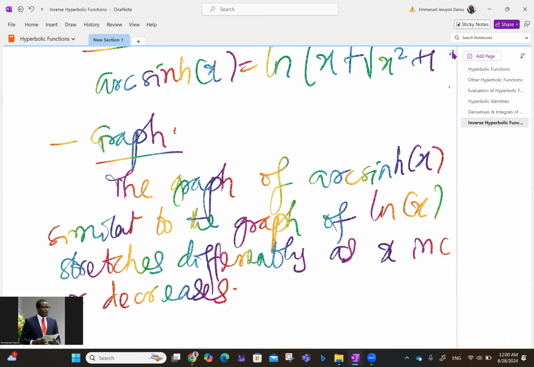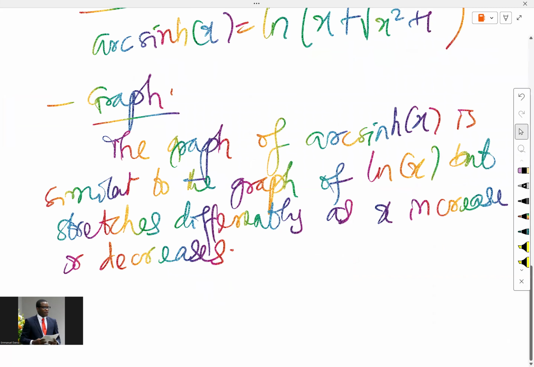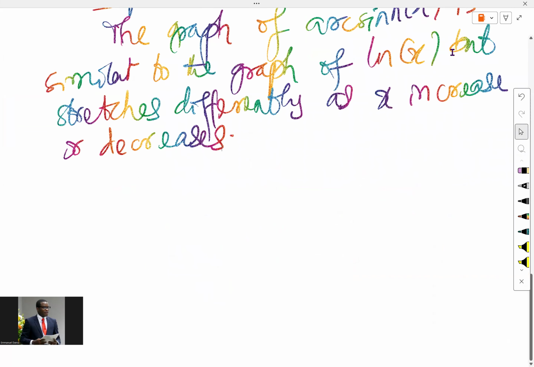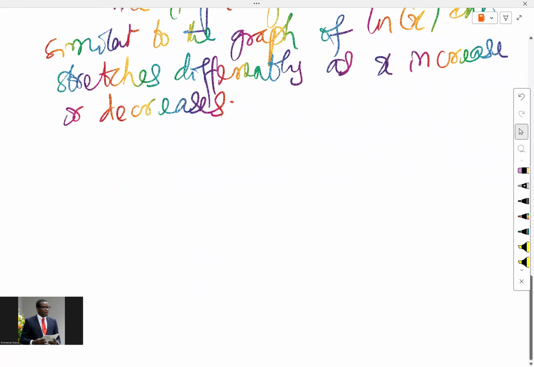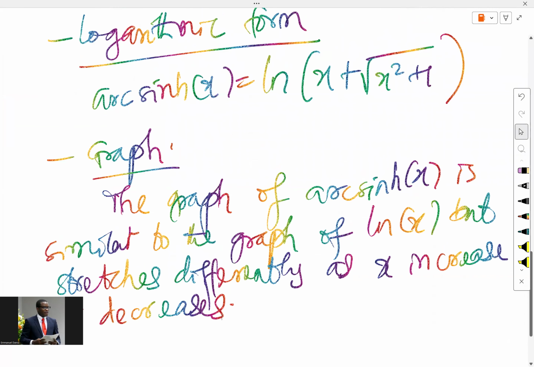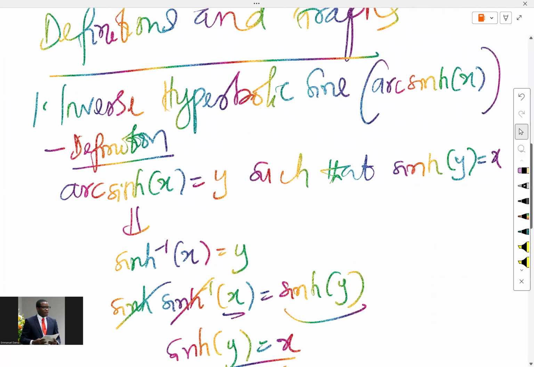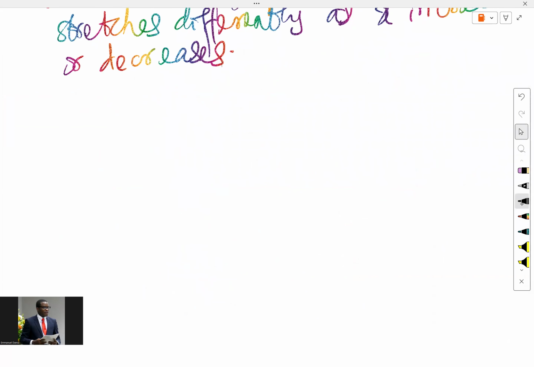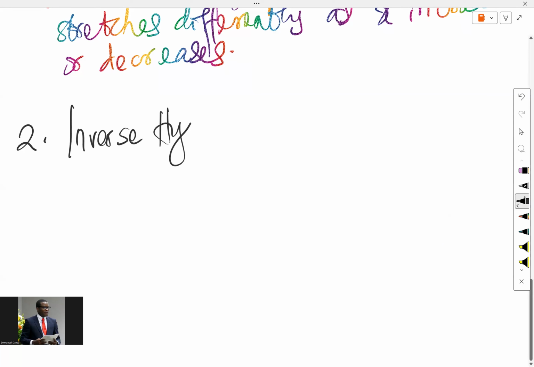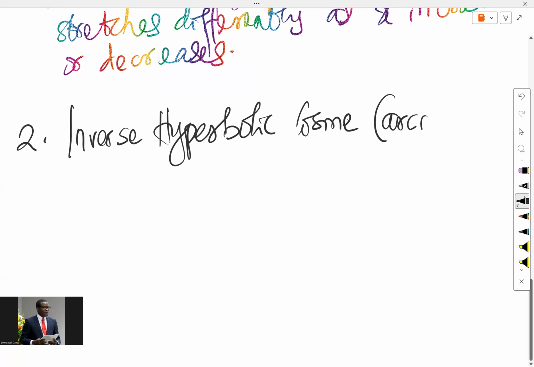So let's go on to the next, which is arccosh x. Number two, let's talk about the inverse hyperbolic cosine, which is arccosh x.